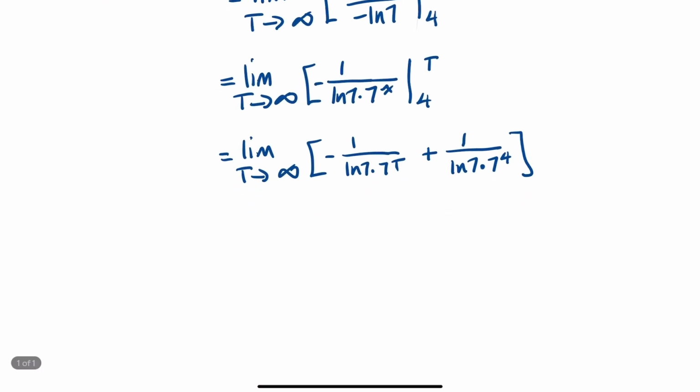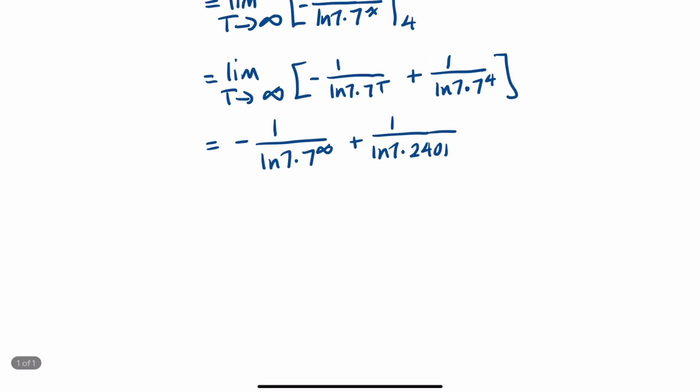And so now I can go ahead and simply plug in t as infinity. So we can say that this is equal to negative 1 over ln 7 multiplied by 7 to the power of infinity plus 1 over ln 7 multiplied by 7 to the power of 4, which is 2,401. And so in the denominator, what we're going to get is infinity.